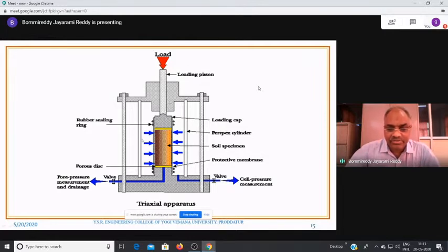You can look at the various parts of the test setup for the triaxial apparatus. This is the soil sample, and it is covered by a membrane so that the water in the perfect cylinder does not come directly in contact with the soil sample.